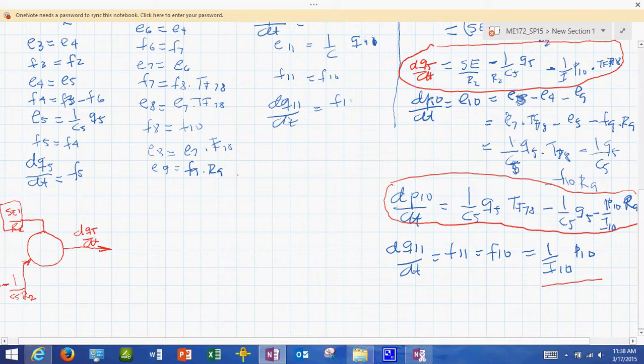And then you have one more, which is minus 1 over I sub 10 P sub 10 times TF78. So that's this equation.